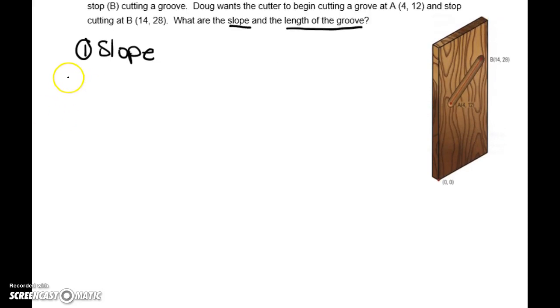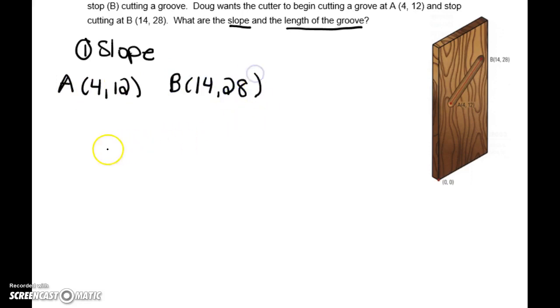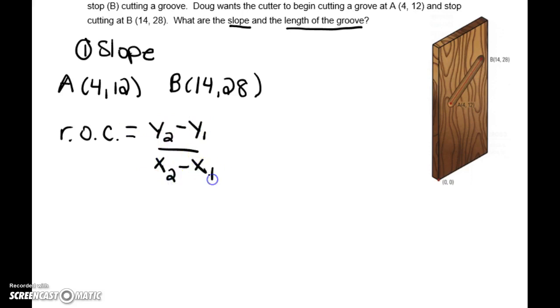So first I'm just going to write down our information. So we know that point A is at 4 and 12, and point B is at 14 and 28. And I'm just also going to rewrite the formula. So your rate of change, which I'm going to label as ROC, is equal to y2 minus y1 over x2 minus x1. So when we're trying to figure out which one is y2, which one is y1, which is x2, which one's x1, I like to go ahead and label my coordinates.